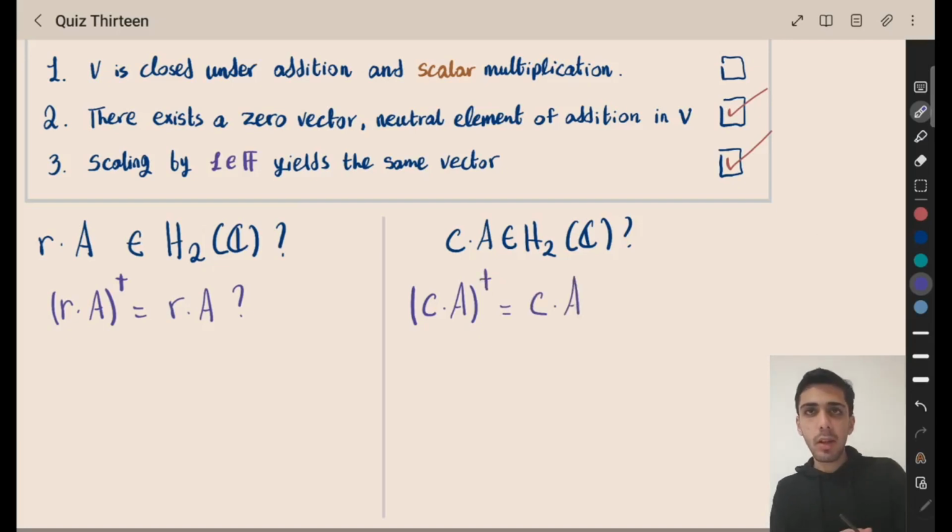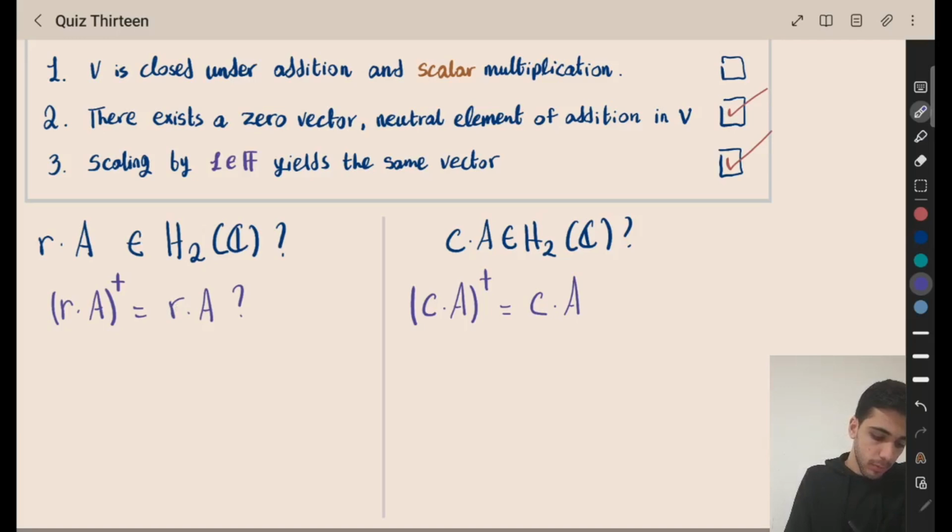Let's take a look at the left-hand case, because I think it is much simpler. I want you to notice that this dagger operation involves two things. First thing is transposing the elements. The second thing is complex conjugating them.